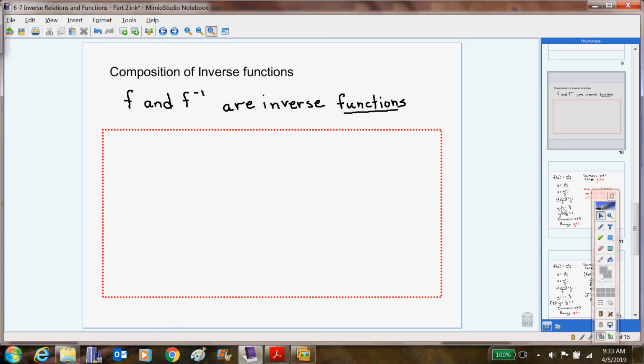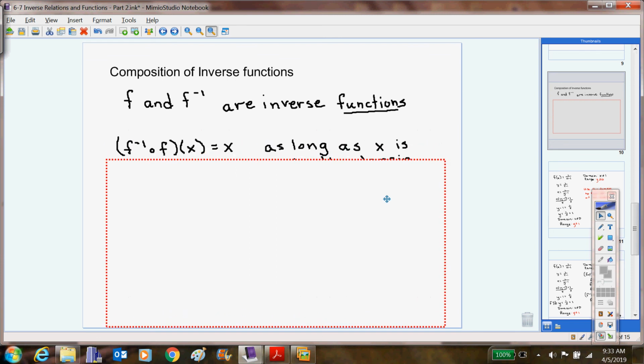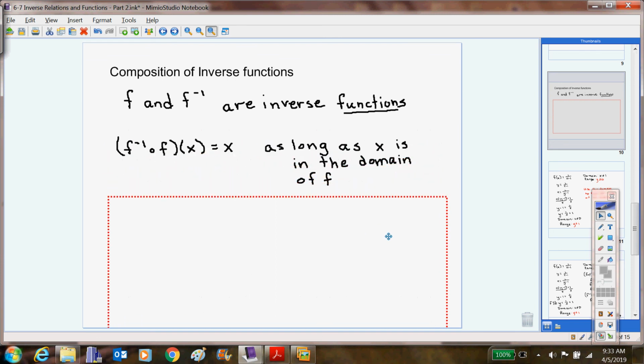Remember we did f of g of x and g of f of x. If we do the composition of f and its inverse, something special happens.